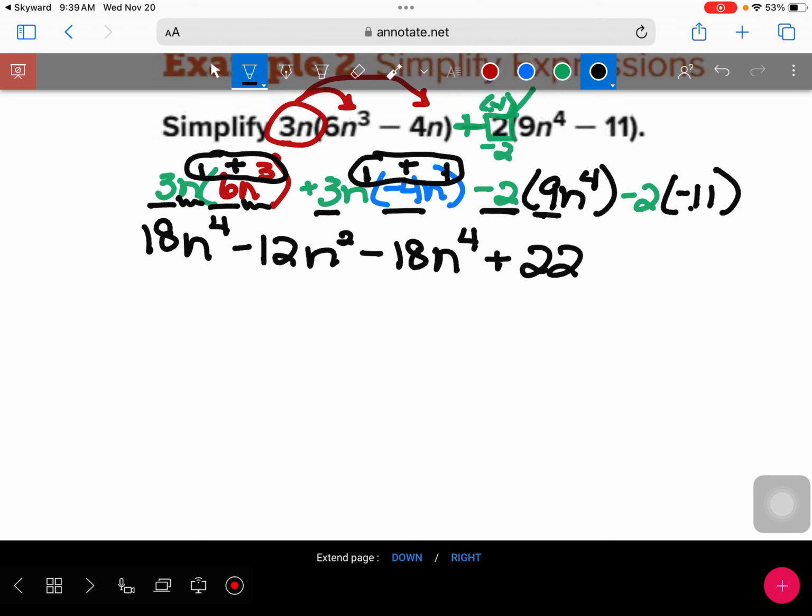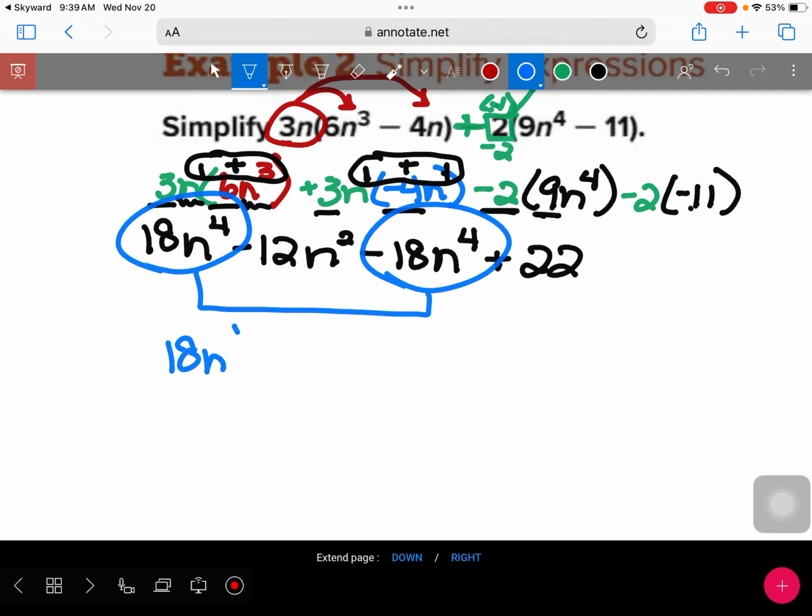As you look at this, are there any common or like terms? There are. What are they? Yeah, these two are like terms. So you need to combine them. So if I say 18n to the fourth minus 18n to the fourth, what do we get? 0. 0n to the fourth.